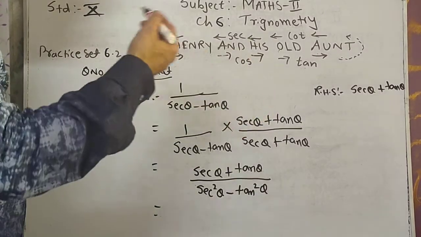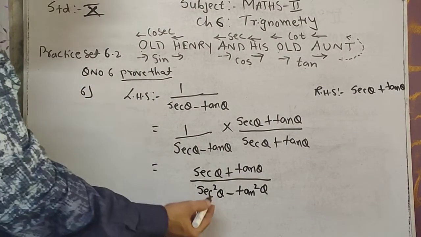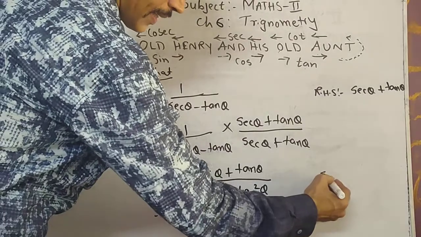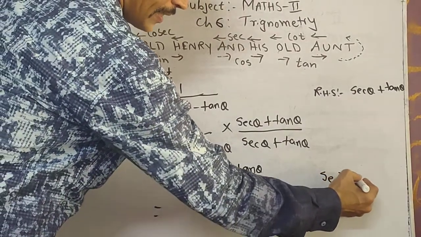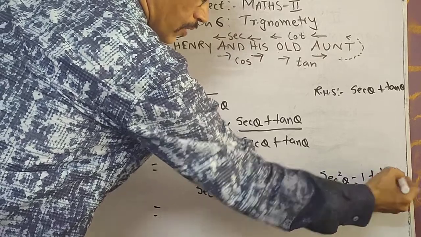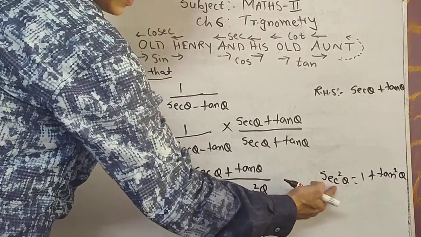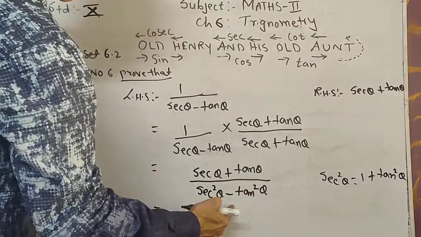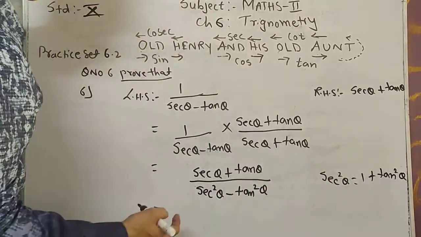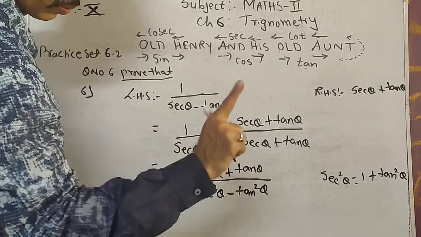So tan square will come to your left hand side. Sec square theta is equal to 1 plus tan square theta. You know this identity. So this will come to the left hand side, and you will get sec square theta minus tan square theta is 1. That means this whole denominator is 1.